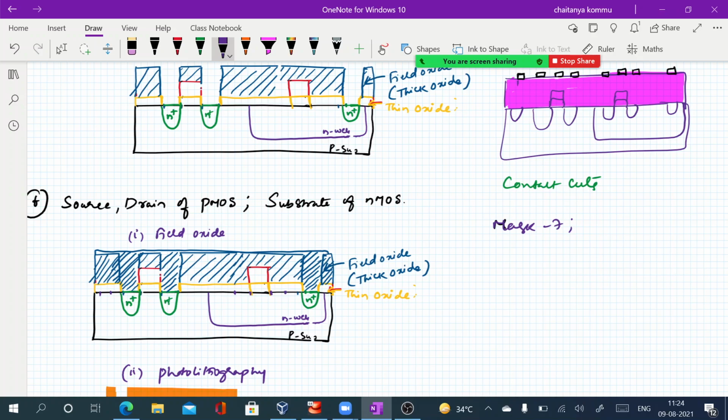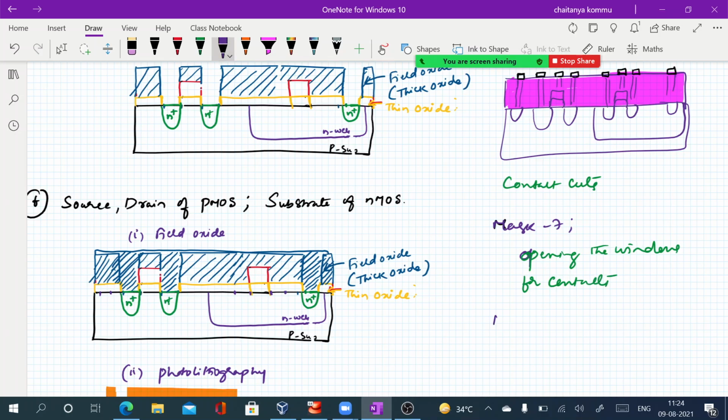Selection is one step, and removal of these portions also requires a mask, in order to open the windows for contacts.